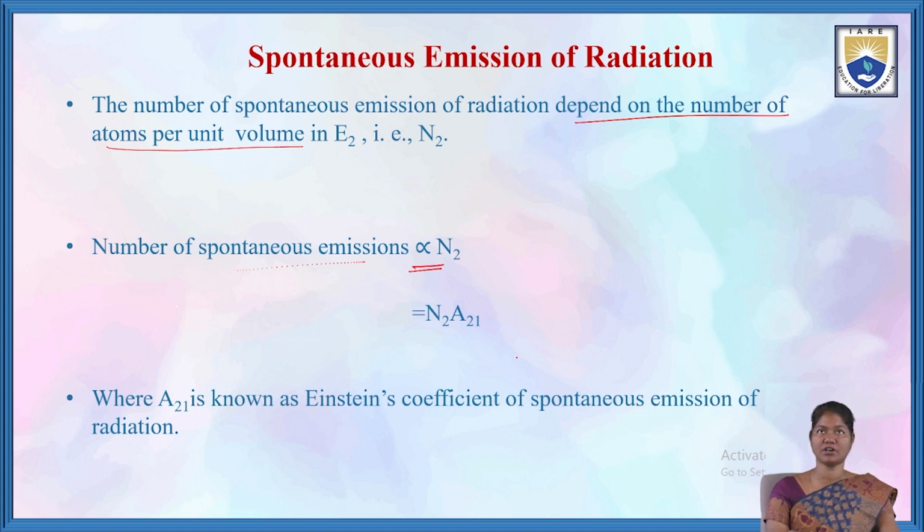No incident photon is involved here. Only after the lifetime does it fall back to the lower energy state. So the number of spontaneous emissions is proportional to N2, and removing the proportionality, it is equal to N2 A21, where A21 is the Einstein's coefficient of spontaneous emission of radiation.